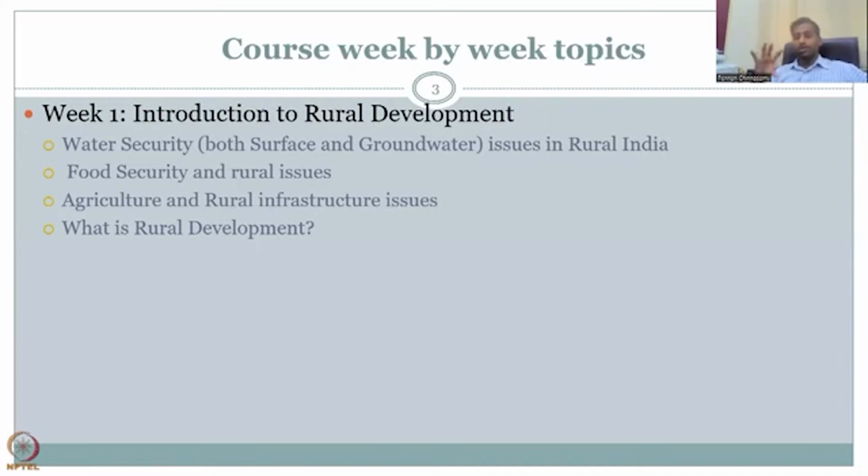We think these are fancy terms, but it is very important to get sensitized to the term rural development. And then we dived into this. First, we talked about different resources and security measures like water security and food security in India, and how that puts a tremendous pressure on rural areas.